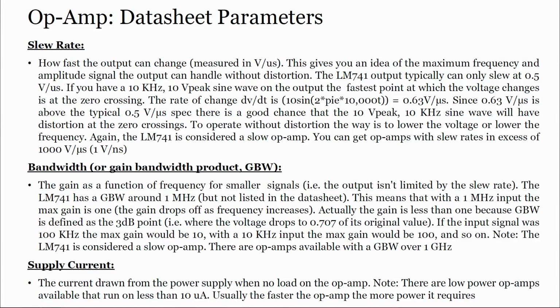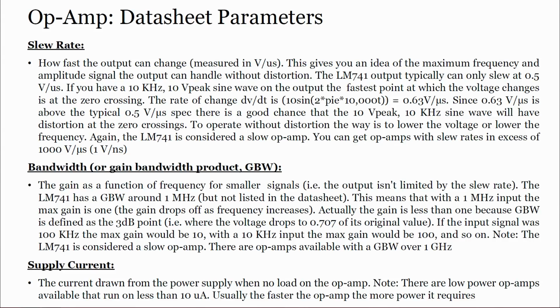Again, the LM741 is considered a slow op amp. However, you can get op amps with a slew rate in excess of 1000 volt per microsecond or 1 volt per nanosecond. So fast, slew rate can be very fast.